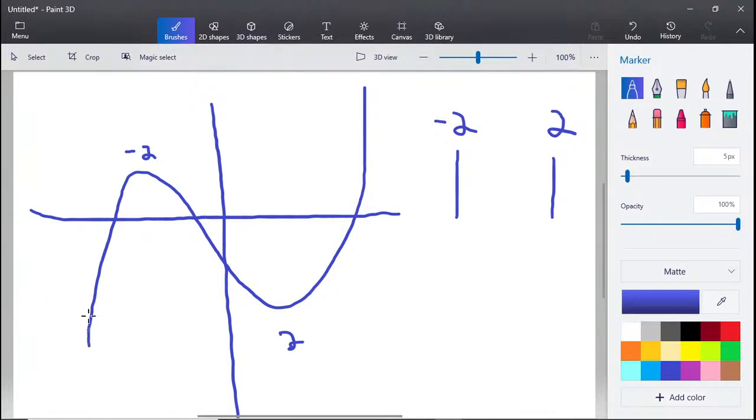From -infinity to -2, these slopes are positive. On the interval -2 to 2, these slopes are negative, and from 2 to positive infinity, these slopes are positive.